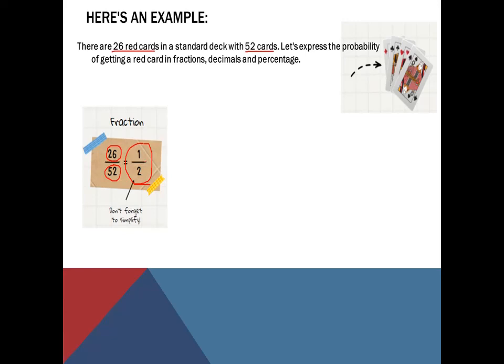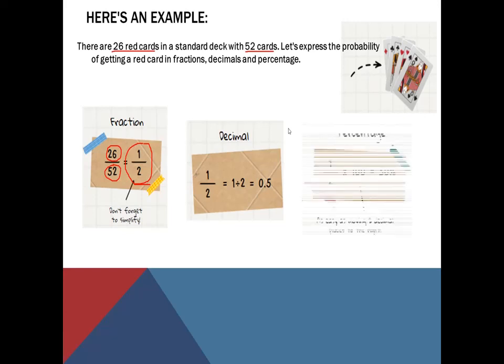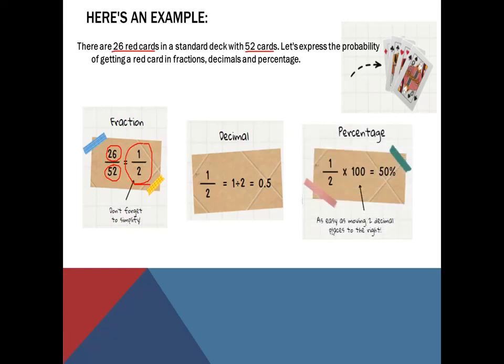1/2 can be expressed as a decimal. You just have to divide 1 by 2, and you will get 0.5. And of course, a decimal can be expressed as a percentage: 1/2 times 100 is equal to 50%, or you can simply move the decimal point two places to the right.